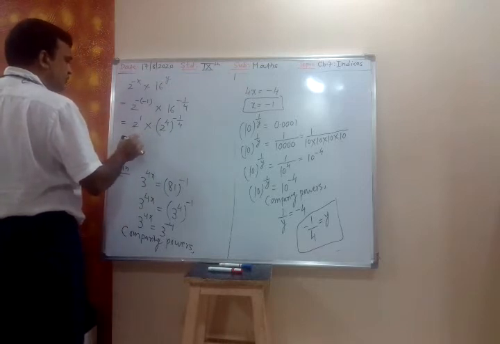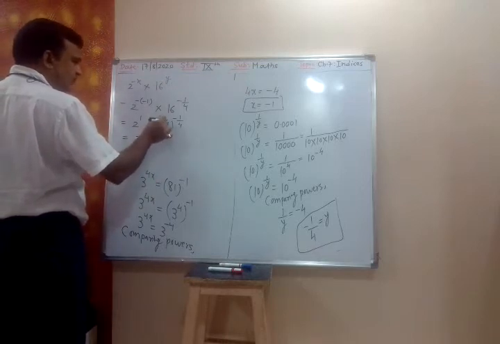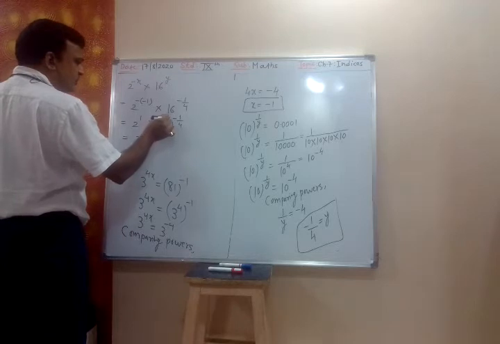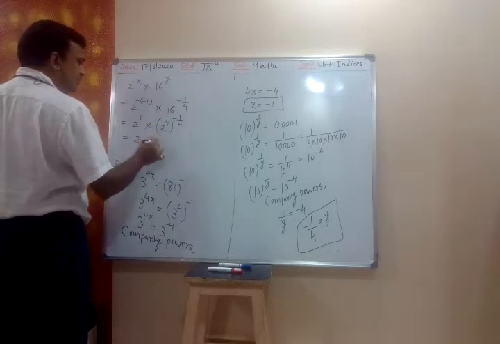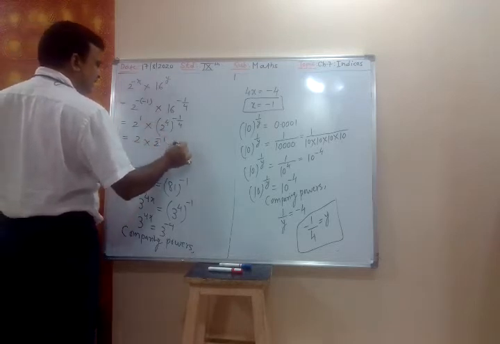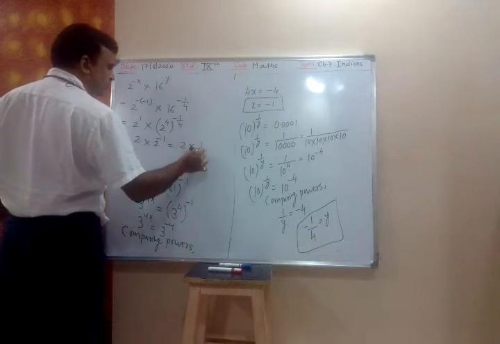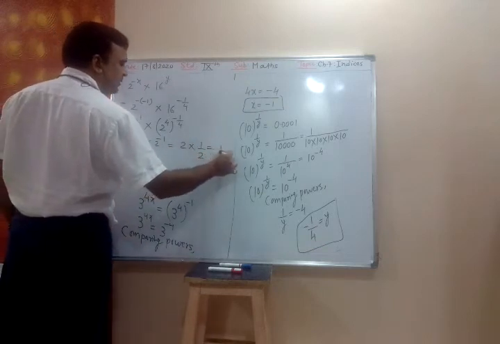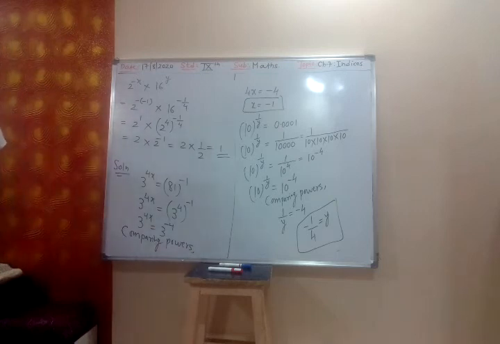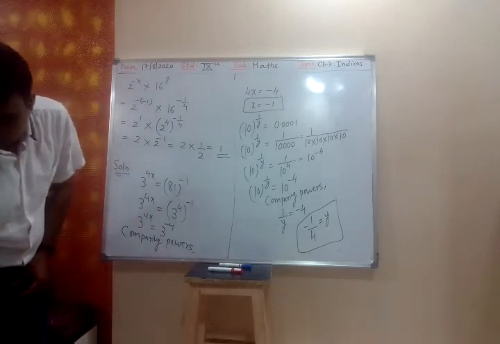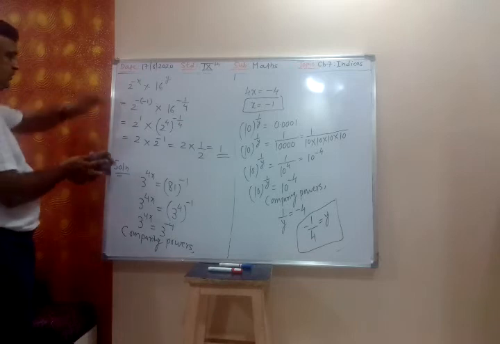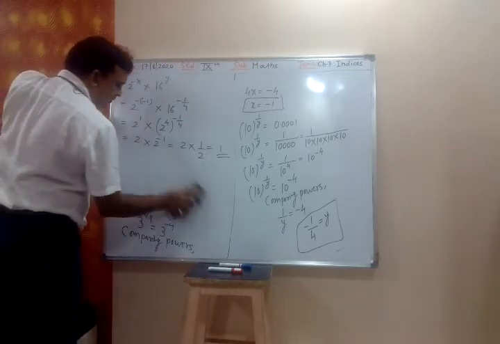So this becomes 2 into, power raised to power, multiply the powers, so 4 into minus 1 by 4, the 4s get cancelled, 2 raised to minus 1, which I can write 2 into 1 by 2, the 2s get cancelled, answer is 1. Final answer is 1.